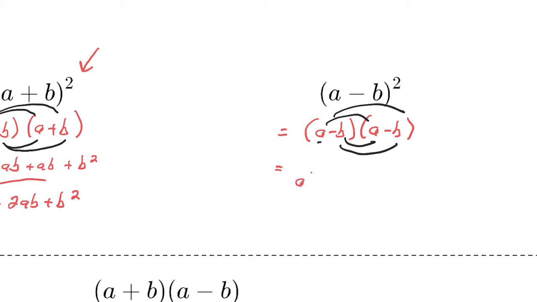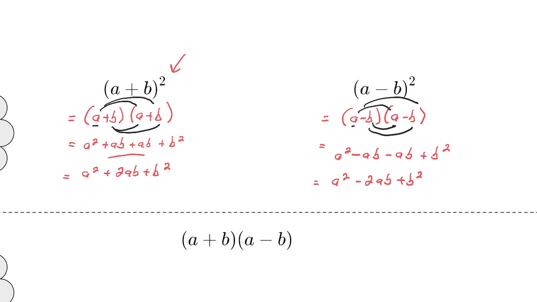And so you'll get a squared minus ab, again plus b squared. The similar terms are already collected, so we're going to simplify a squared minus 2ab plus b squared. So you'll see that the only difference between those examples is the sign in the middle.